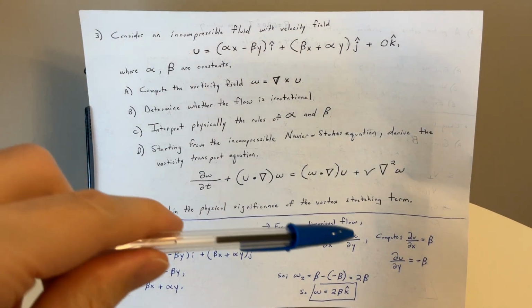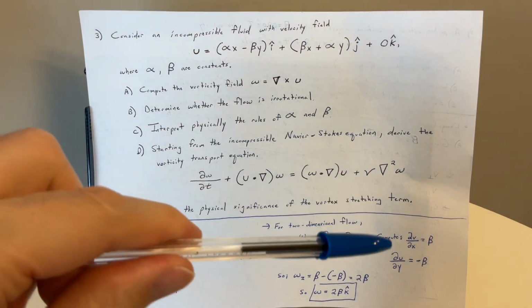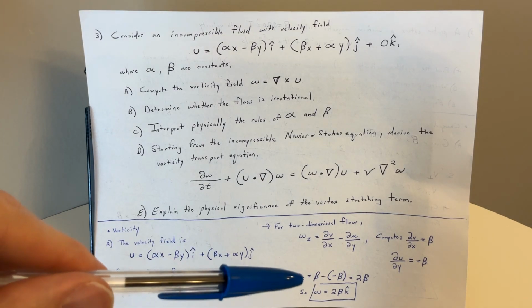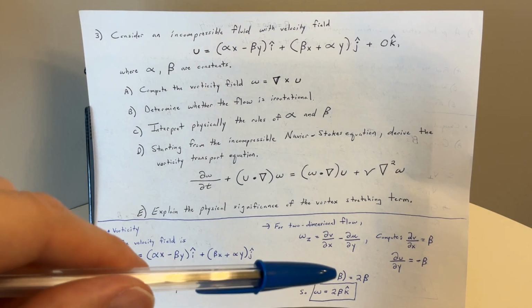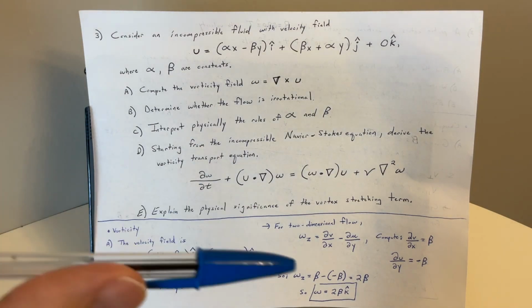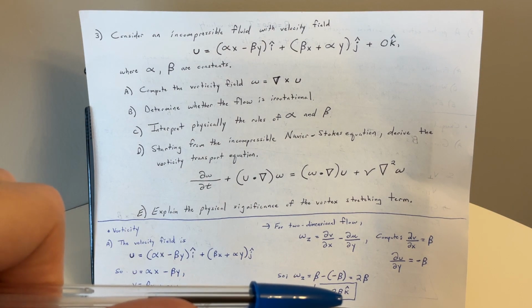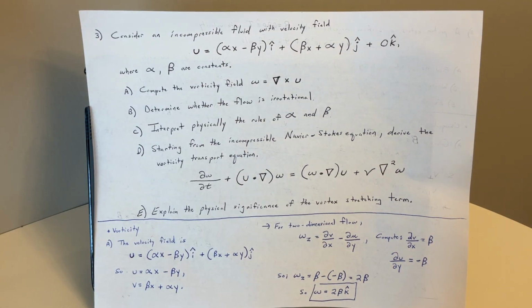If we compute partial du/dy, we get negative beta. So omega sub z equals beta minus negative beta, which gives 2 beta. So our omega is 2 beta k hat. That's what we need for part A.